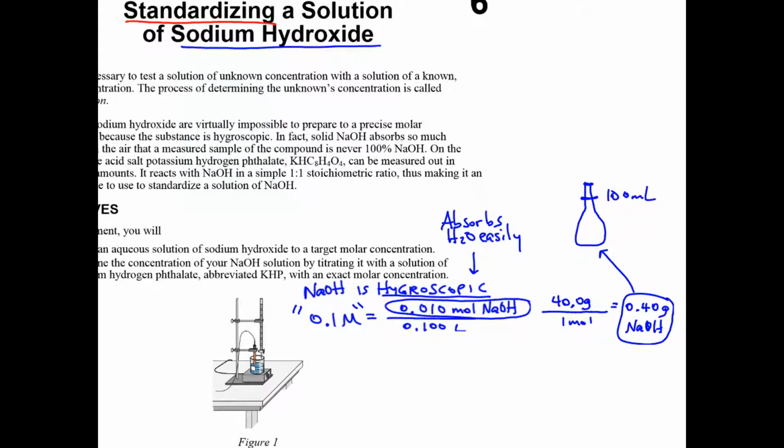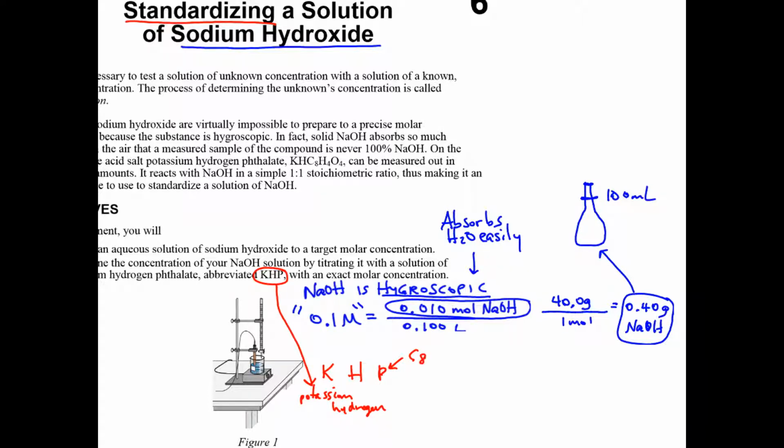So what you're going to need to do is standardize it. In order to do this, we're going to use an acid called KHP. Now, KHP stands for potassium hydrogen phthalate. The K is really potassium, hydrogen is just hydrogen, and phthalate is really a formula of C8H4O4.